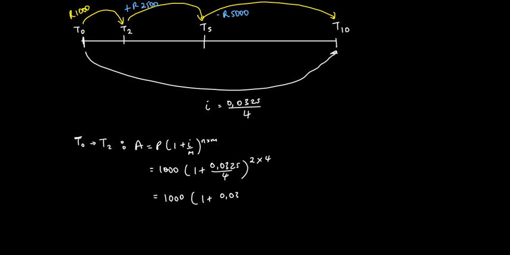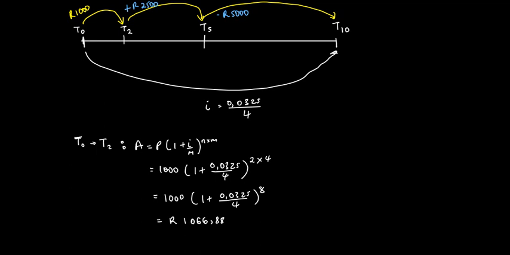We want to see how much they will have in those 8 quarters. So how much do you get here? 1066.88.